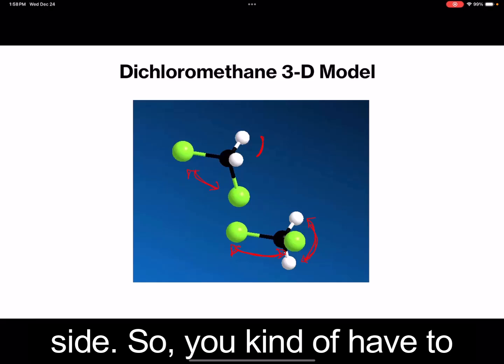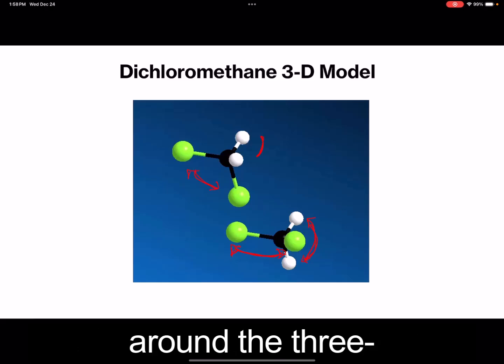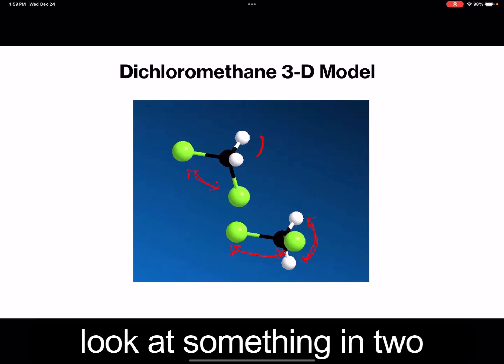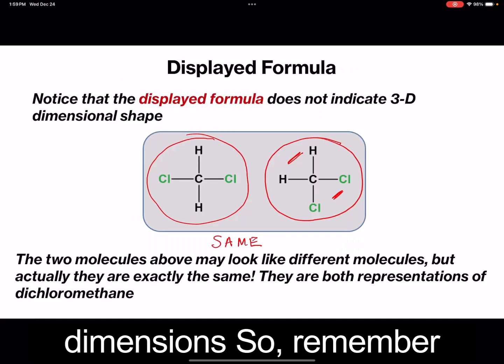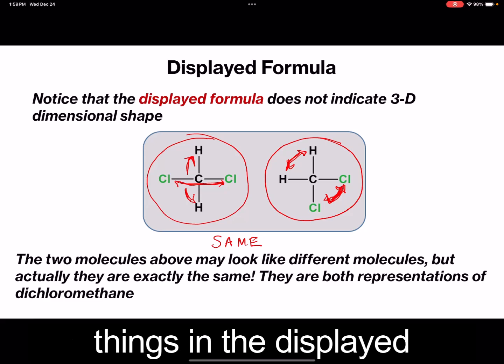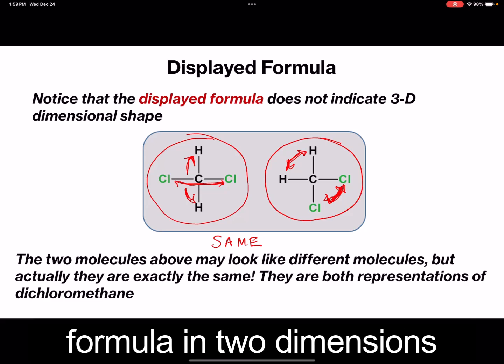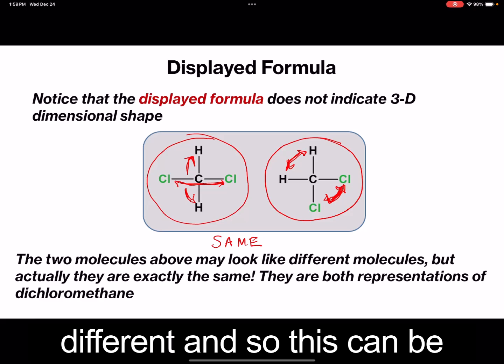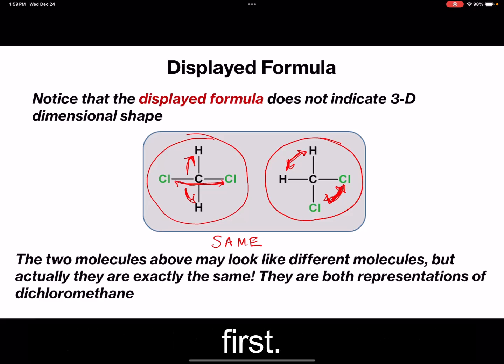So you have to start wrapping your mind around the three-dimensional models to really look at something in 2 dimensions. So remember, even though you can draw things in the displayed formula in 2 dimensions, the shape can be very different. And so this can be difficult to look at at first.